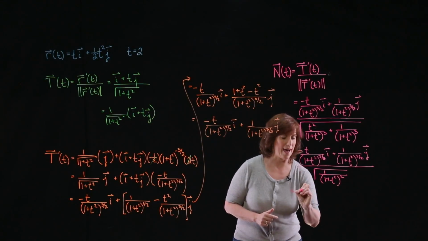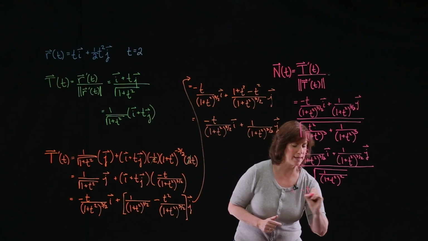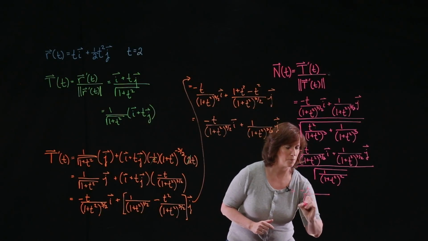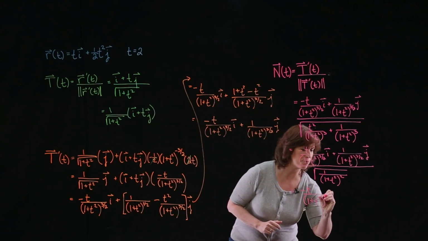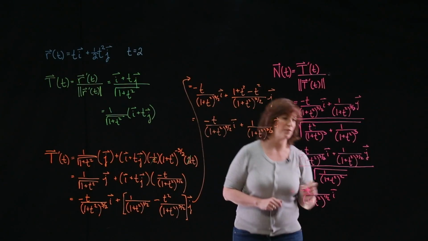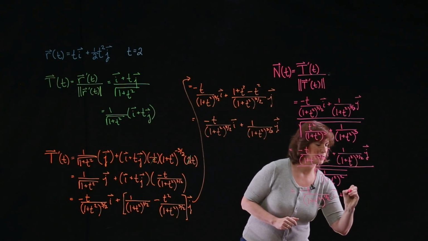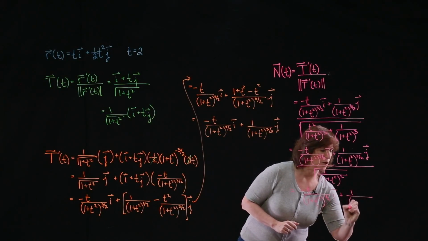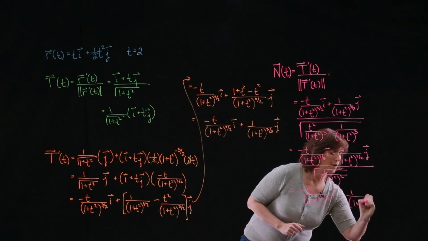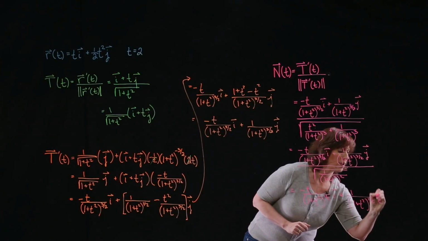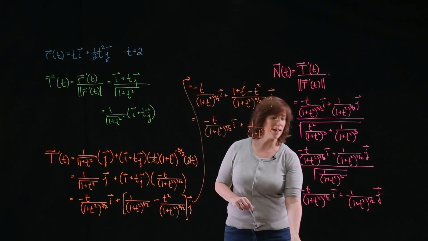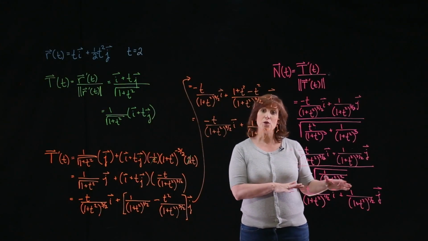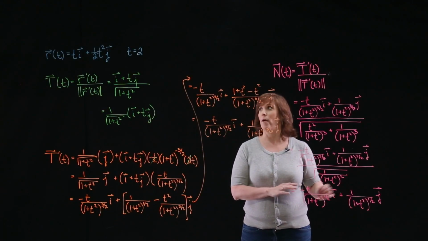And when I finish, I end up with minus t all over 1 plus t squared to the 1/2 power times vector i plus 1 all over 1 plus t squared to the 1/2 power times my vector j. All right, that is my unit normal vector at any point.